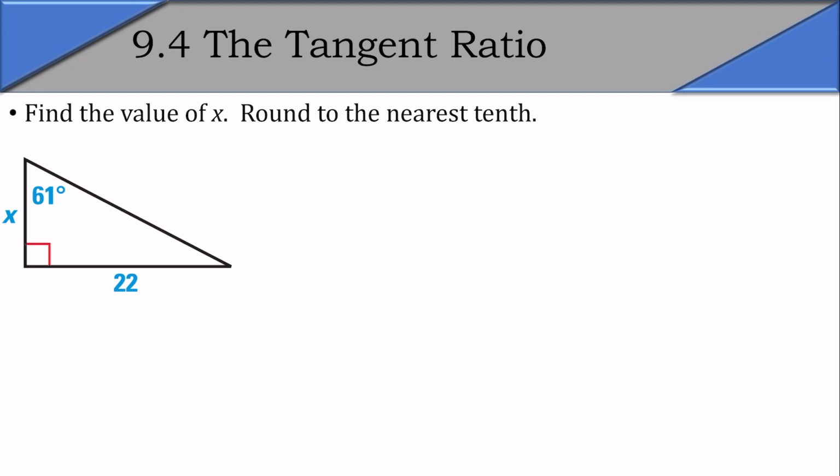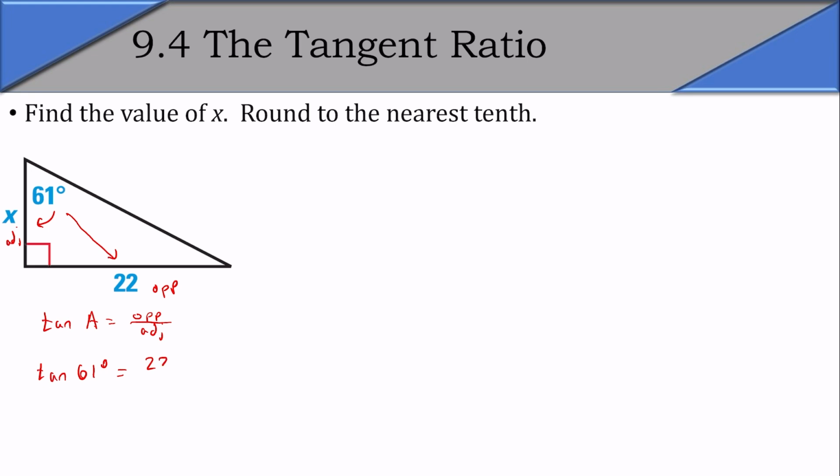So now we have an actual measure for an angle. From this angle, we have 22 as the opposite and x as the adjacent. So we can say tangent of our angle is the opposite over the adjacent. Our angle is 61 degrees.